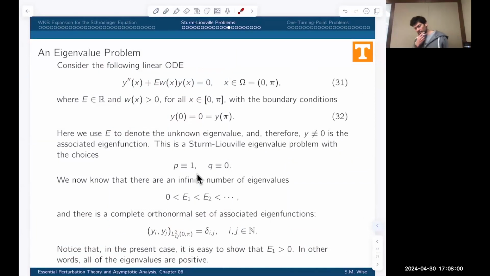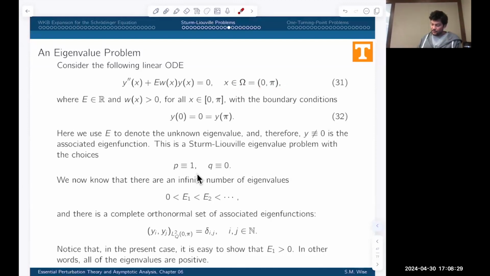Okay, now I want to talk about an eigenvalue problem of the type that we're going to work with within the context of the WKB method. So let's consider the following linear ordinary differential equation. I've just decided to make the interval of interest 0 to pi.